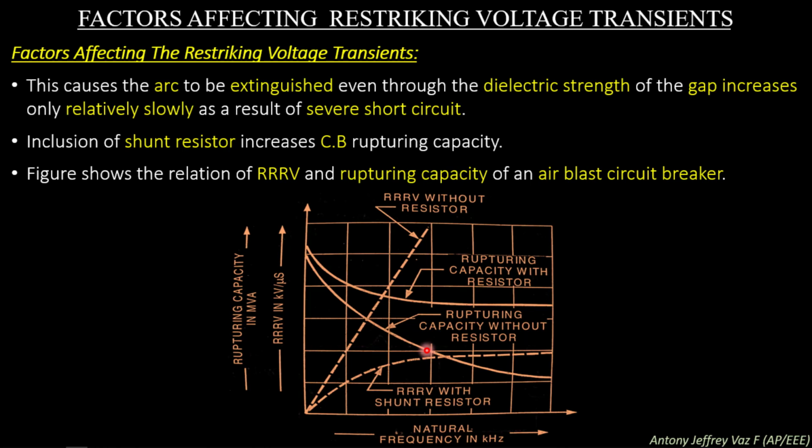So it is a very good practice to insert a shunt resistance across the circuit breaker contacts to decrease the rate of rise of restriking voltage, and also it will increase the lifetime of the circuit breaker. And this shunt resistor helps us to improve the circuit fault clearance and increases the stability of the power system.